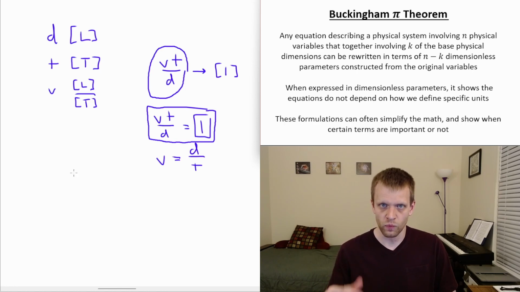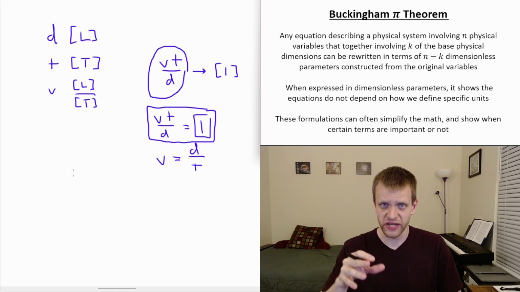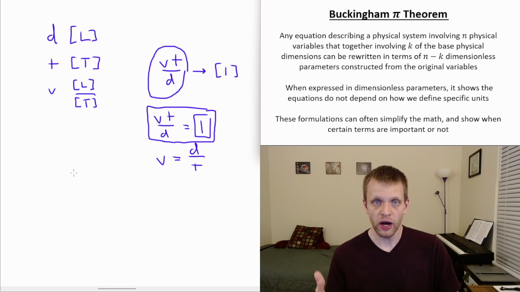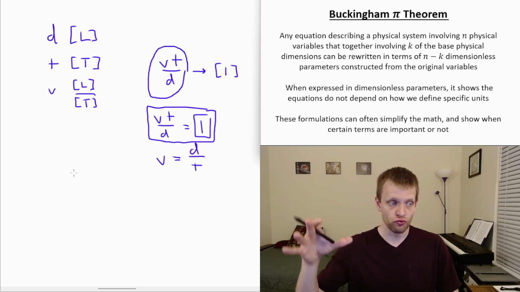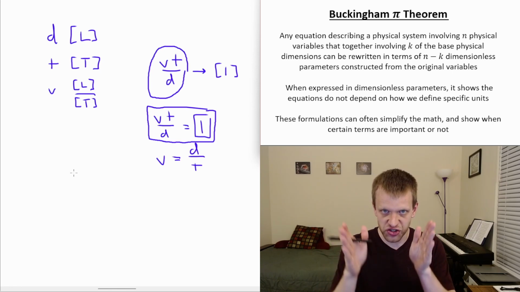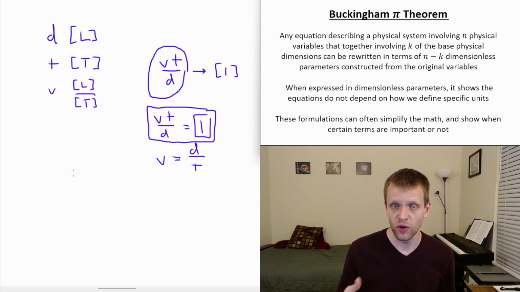And when we're looking at mathematical problems that involve lots of parameters, lots of terms that are interacting with each other in sometimes complicated ways, describing it in terms of these dimensionless parameters can often reduce how much is going on with those equations and reduce it down to its simplest possible form. Okay. This can also help us identify when certain terms are going to be important or not.